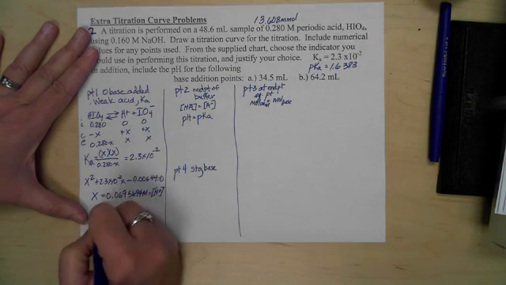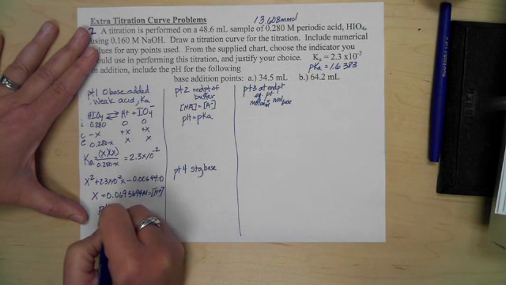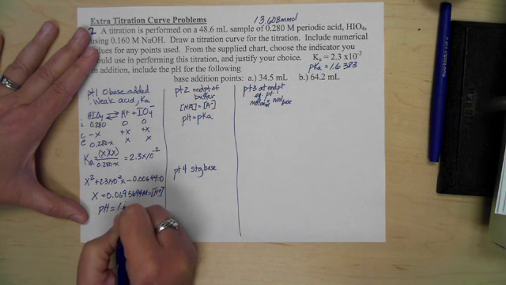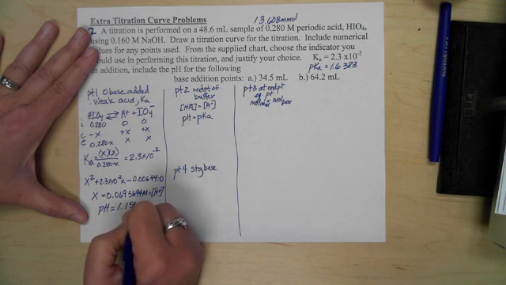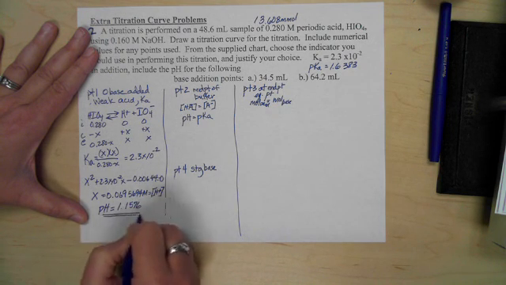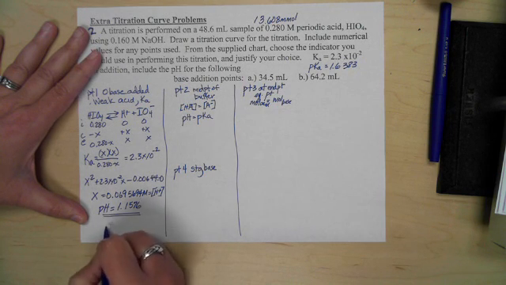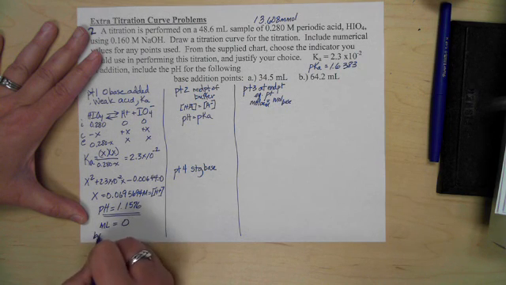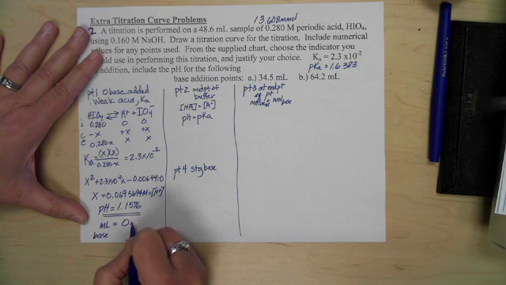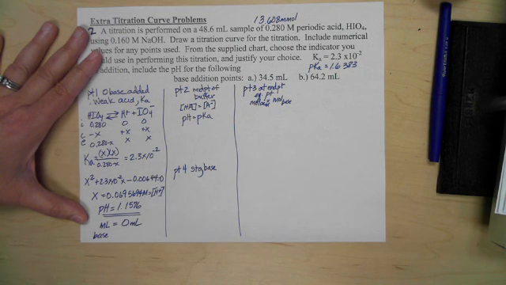So all we have to do is take the negative log of it and determine that the pH is 1.1576. So at point 1, we have a pH of 1.1576, and the milliliters added of base is 0.